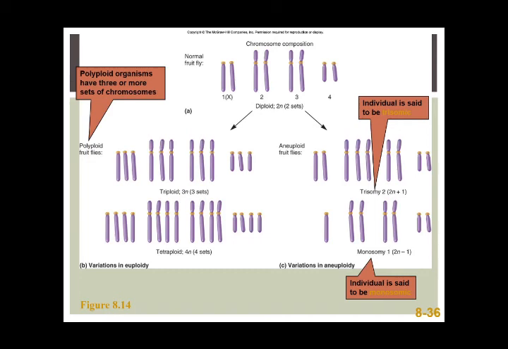Next is tetraploid. What if they have 4 in each set instead of just 2? So we have 4, 8, 12, 16. 16 chromosomes. Now we have 4 sets, 4n. What about aneuploidy? Aneuploidy means that you gain +1 or -1 chromosome. So if you can see there, you have trisomy 2.